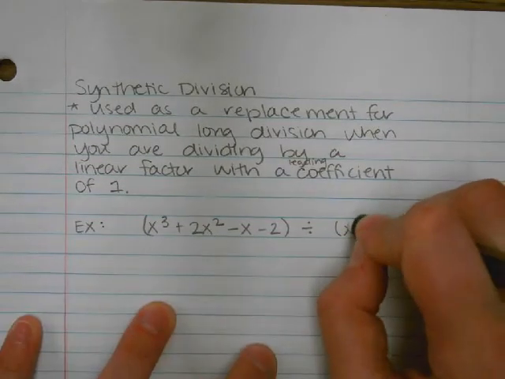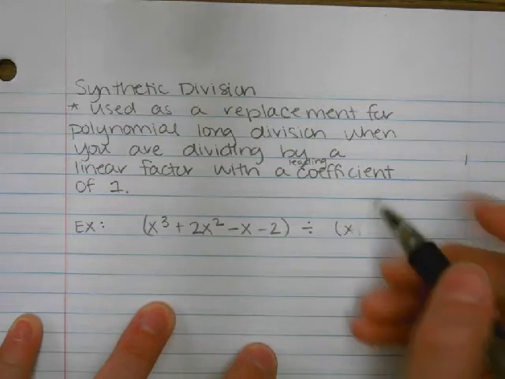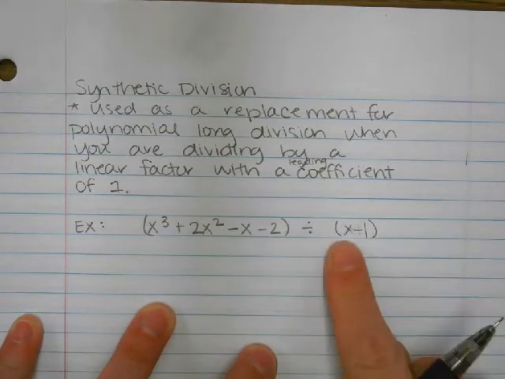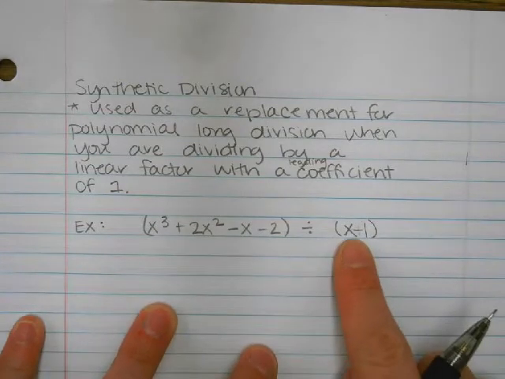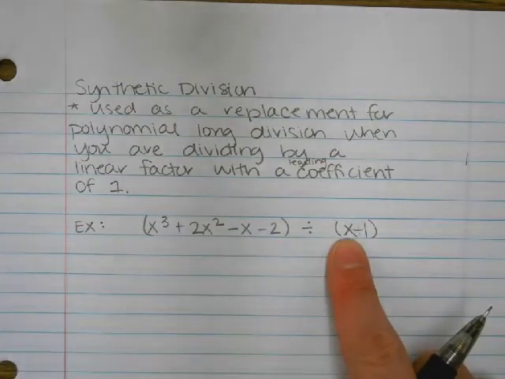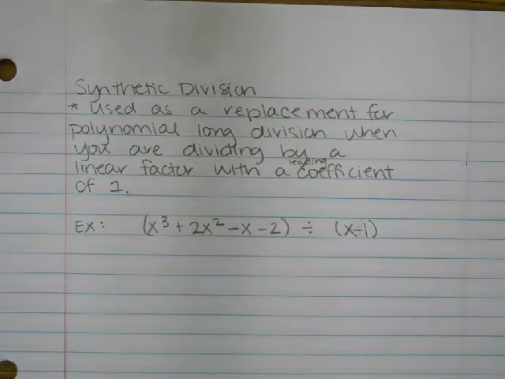That's because what you're dividing by is linear. It's got an x, not an x squared, not an x to the third. And the x itself has a leading coefficient of 1. So that problem would be totally fine to use synthetic division with.